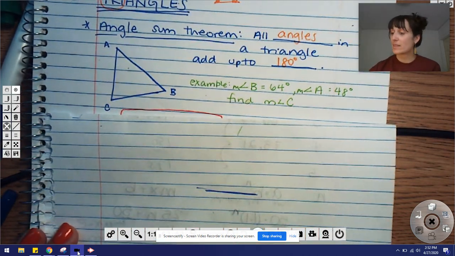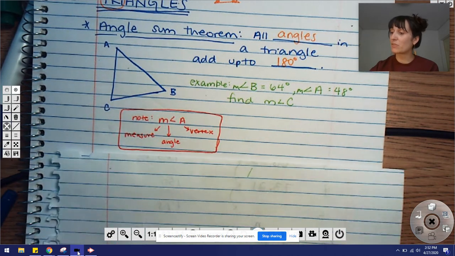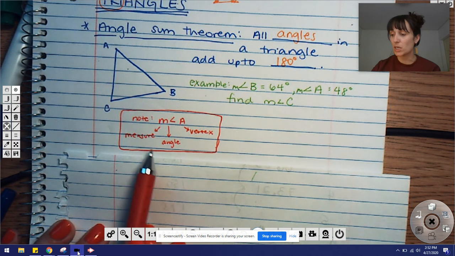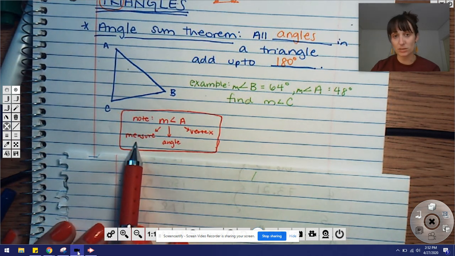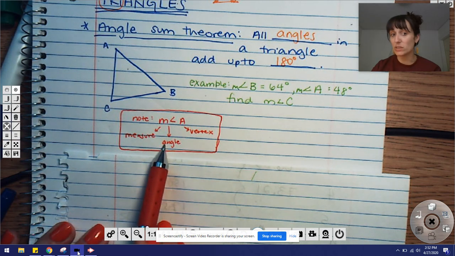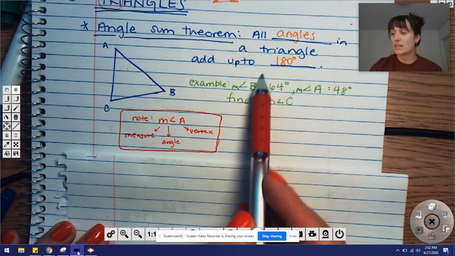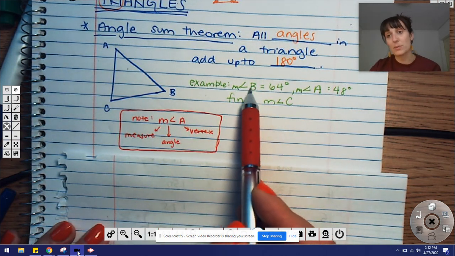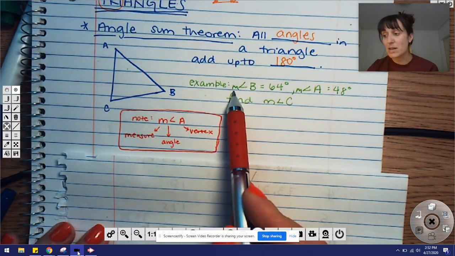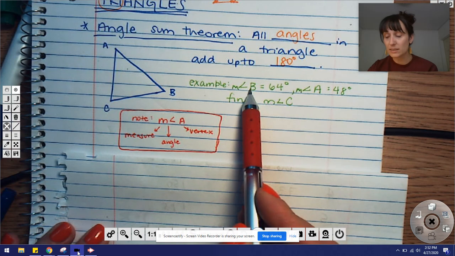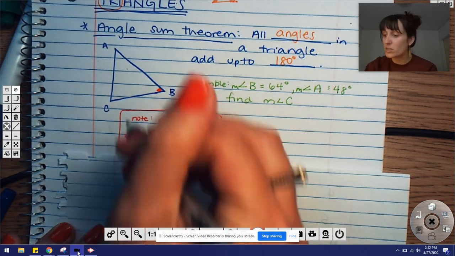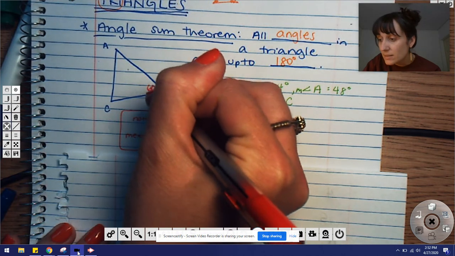So now knowing this, if we know m angle B, and remember the m means measure, this little alligator symbol means angle, and the one letter is always going to represent the vertex. The vertex means the corner. So the measure of angle B, so B is right here, is 64 degrees. I'm going to label that.